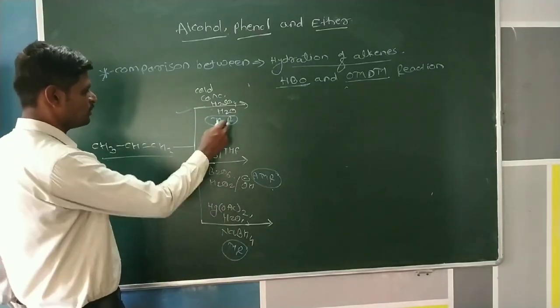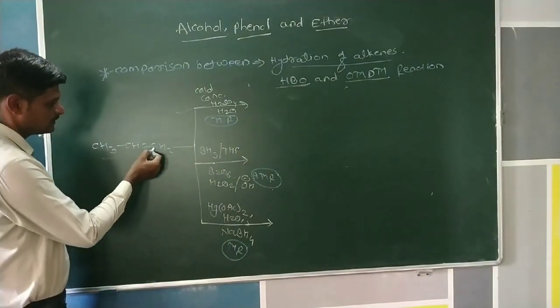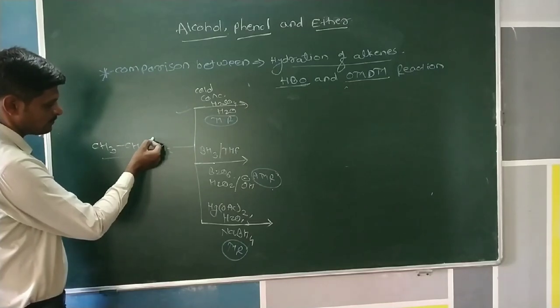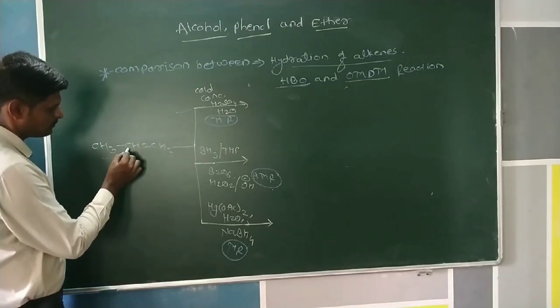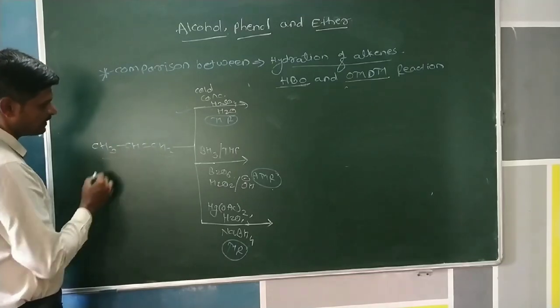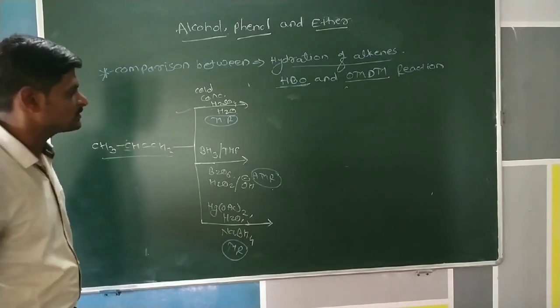After formation of carbocation, two types of carbocations are formed. If the positive charge is present on this carbon atom, it is a primary carbocation, and if the positive charge is present on this carbon atom, it is a secondary carbocation. That means two carbocation intermediates are formed.